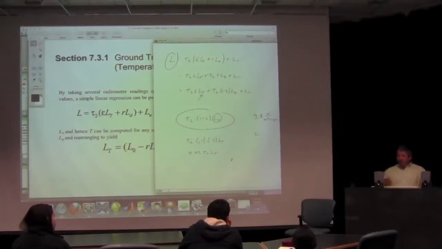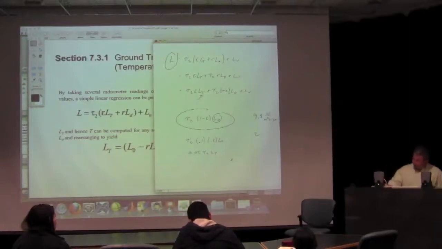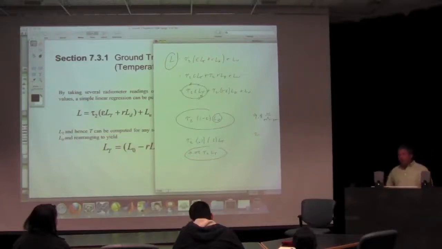So I can ask you the question: if I compare this value with this value, and it's only 2%, how do you feel if you don't know LD exactly? You don't feel all that bad, maybe. If you don't know it at all, you're going to be 2% off.